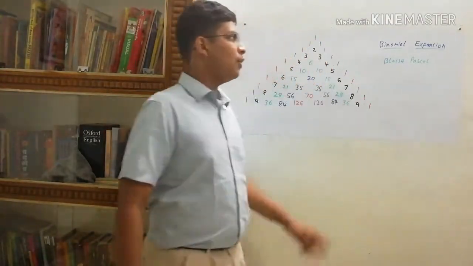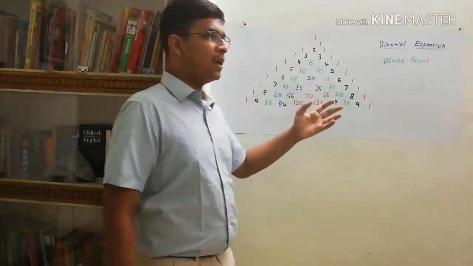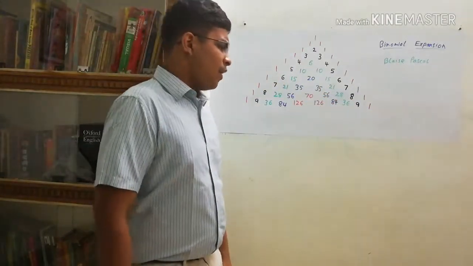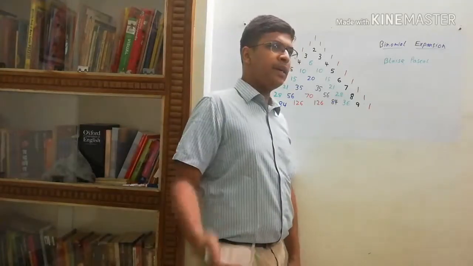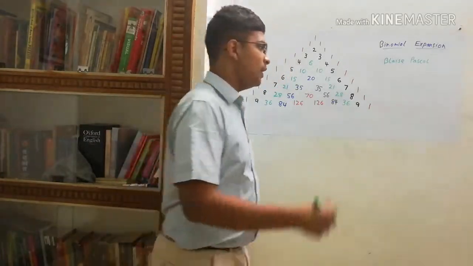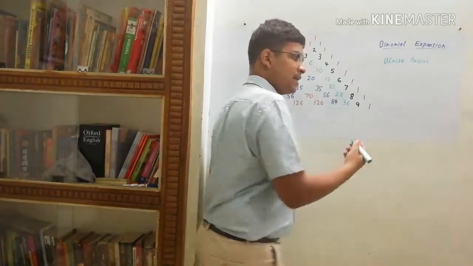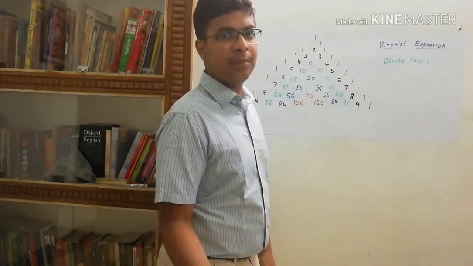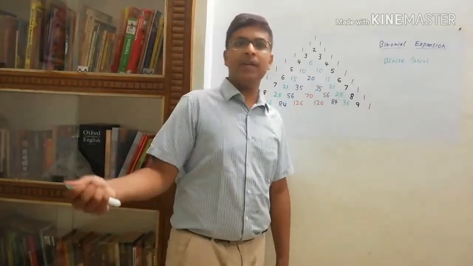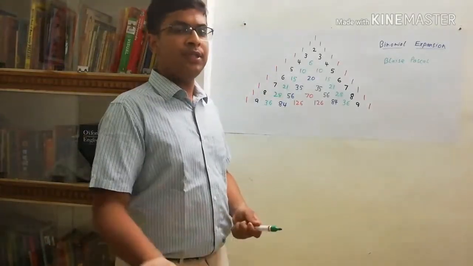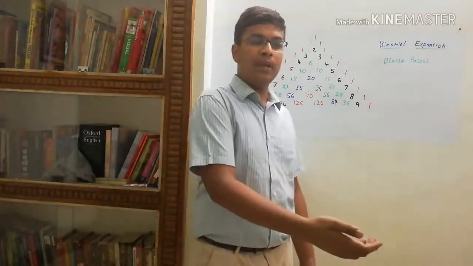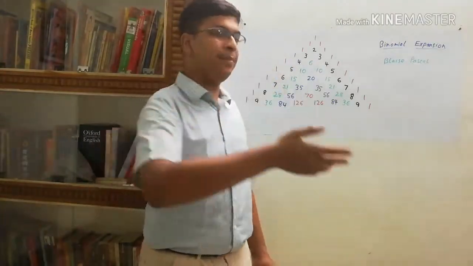Before talking about binomial expansion in Blaise Pascal's triangle, I want to tell you what a sequence is. A sequence is a series of numbers, or any other figures or objects, which have something in common in their succeeding or preceding pair.